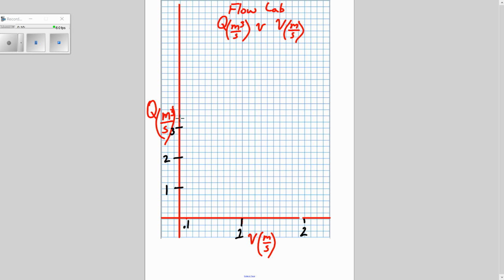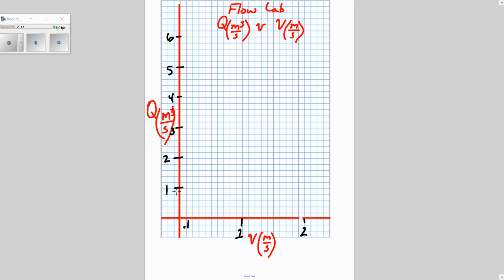So there's 3. And keep going by 5s. 4, 3, 4, 5. Counting 5 lines. There's 5. 1, 2, 3, 4, 5. By the way, if you want to know the most common place to mess up on a hand graph, it's probably counting.